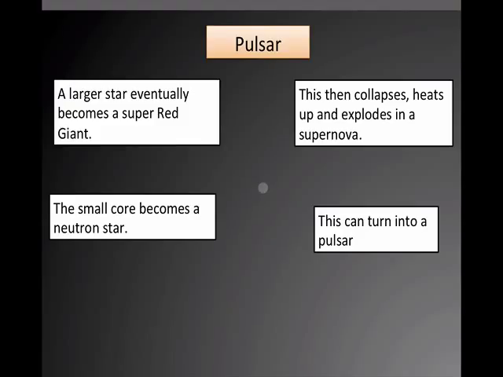And in the case of a neutron star, as the thing collapses, it tends to funnel, it tends to focus all of the radiation into two beams. And as the thing spins really, really, really fast, those beams sometimes get directed towards the Earth, and we can pick them up with radio telescopes.